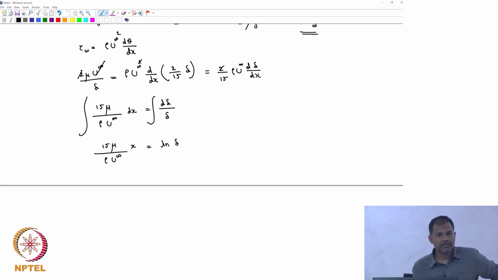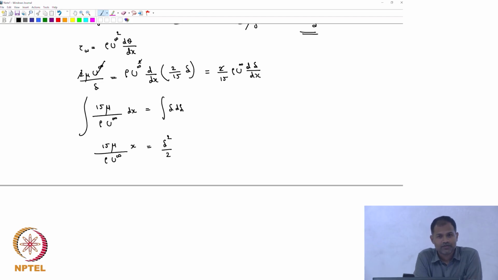What is that? Did I make a mistake? Oh, it's that way. There can't be a log, right? So it's delta d delta integral. That's right, so that's delta square by 2.